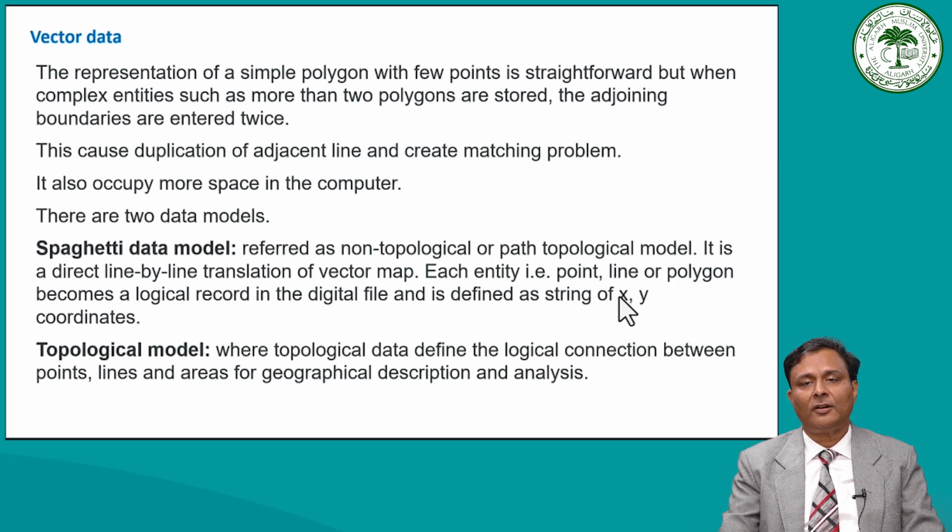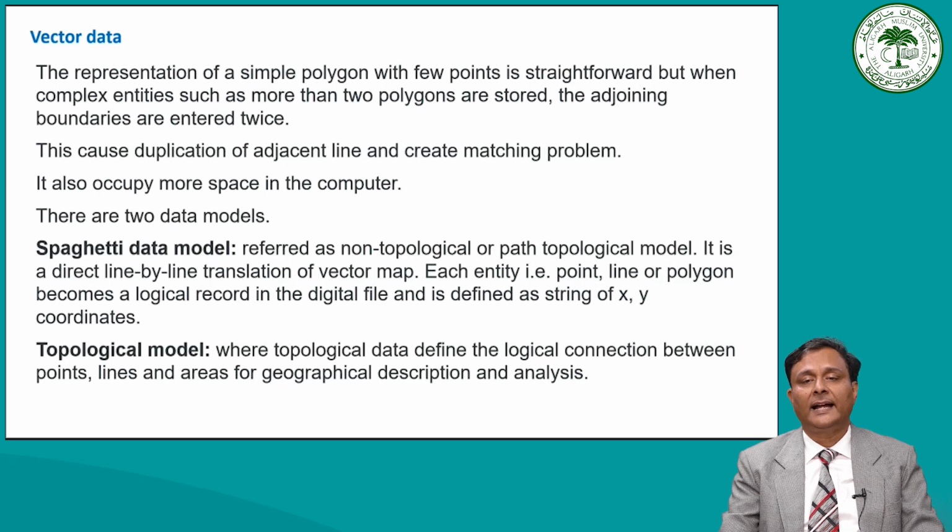The representation of a simple polygon with a few points is straightforward, but it becomes very complex when two or more such polygons are stored. The adjoining boundaries may be entered twice. This may cause duplication of adjacent lines and create a matching problem. It also makes data voluminous.